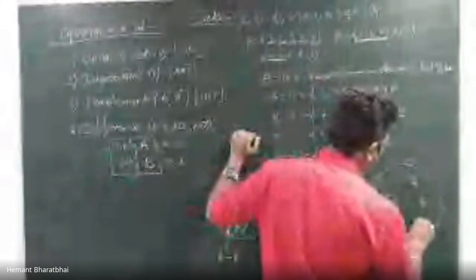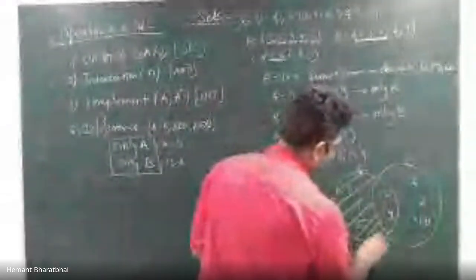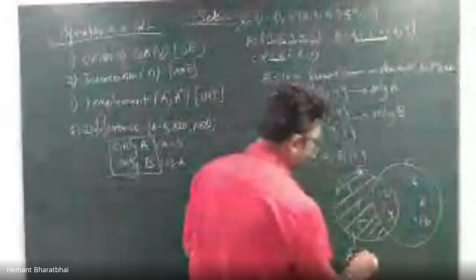What remains in set C after that is 6, 8 and 10. If you see A minus C, it is 1, 3 and 5. So in this area I have written 1, 3 and 5. So this much region where I have written 1, 3 and 5 indicates A minus C.